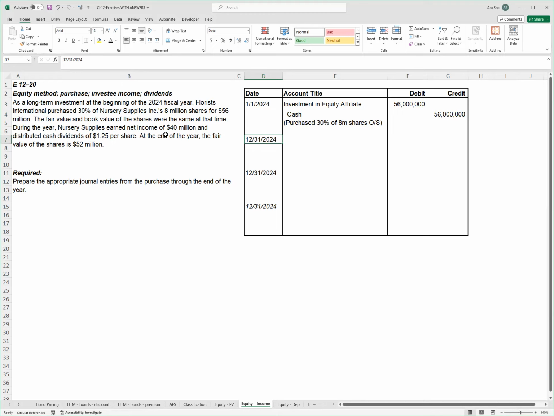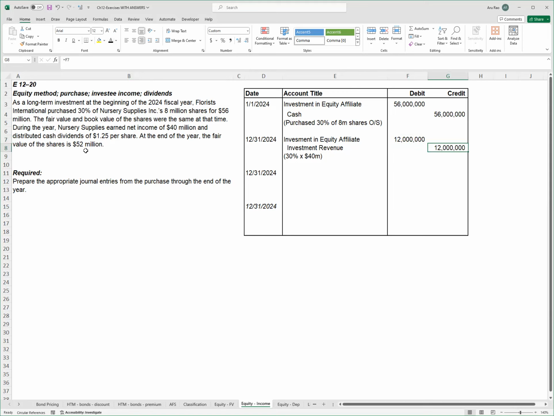I have 30% of that. So I will debit my investment account to indicate it's gone up in value. And I will credit investment revenue for that same number. Again, what are we looking at? We are looking at 30% of the $40 million in net income that they earned. Not the full $40 million. We have 30%. So that's $12 million.